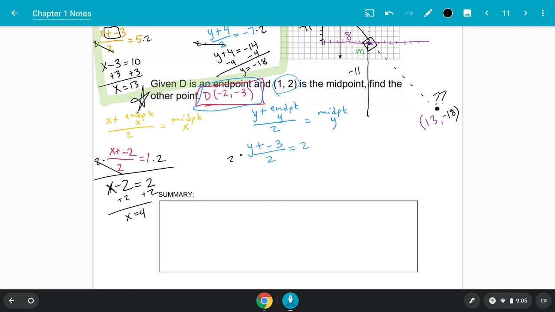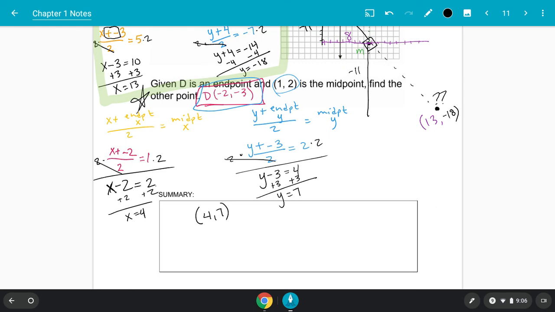Okay, so then you'd multiply by 2 on both sides. Those drop. You would have y minus 3 equals 4. Then you would do plus 3 on both sides, and you get y equals 7. So the other endpoint would be (4, 7).